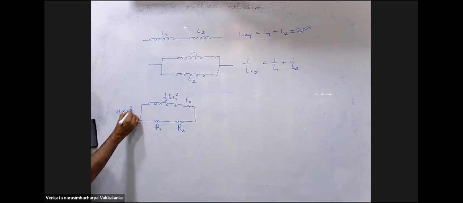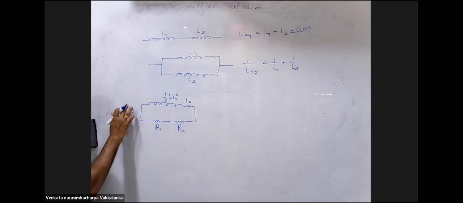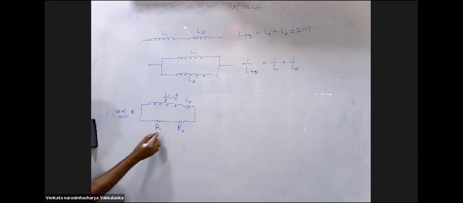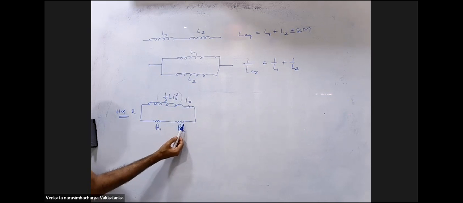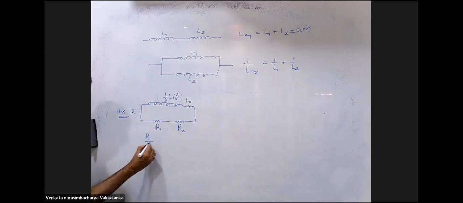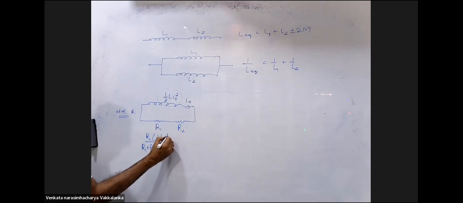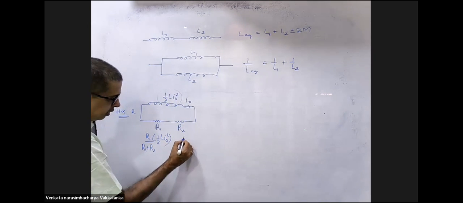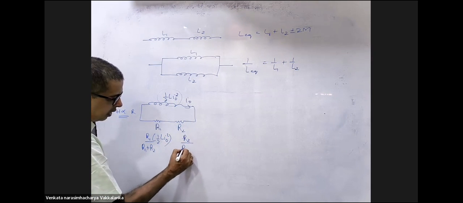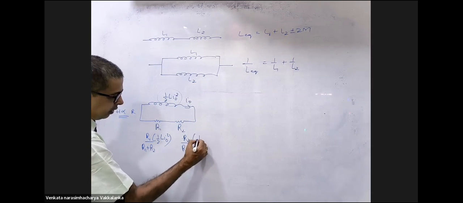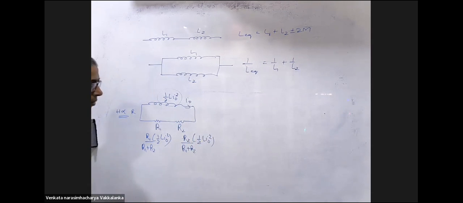Heat here is directly proportional to I square R. The current I is the same, so I will remove I square. So half L I naught square is split between these two in dissipation, in the ratio R1 by R1 plus R2 into half L I naught square here, and R2 by R1 plus R2 into half L I naught square.